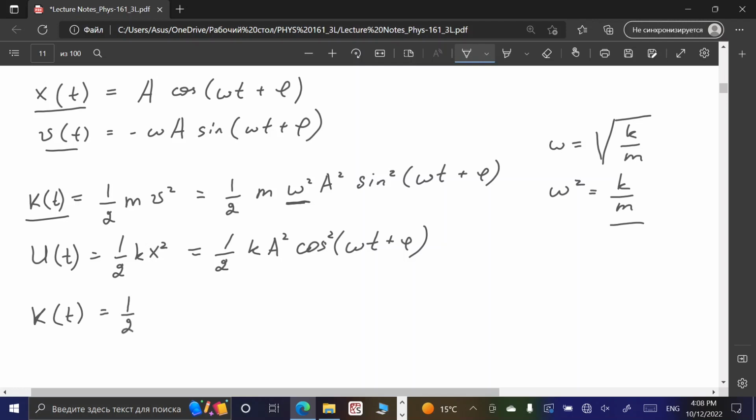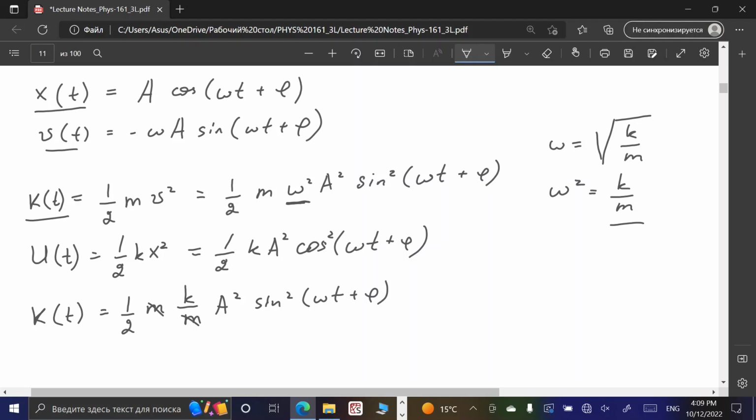This will be 1/2 times m times k over m instead of omega squared, times A squared and times sine squared of omega t plus phi. So here we can cancel out this m, and if we take a look on these three factors for potential and kinetic energy, three factors before periodic functions, they are the same.